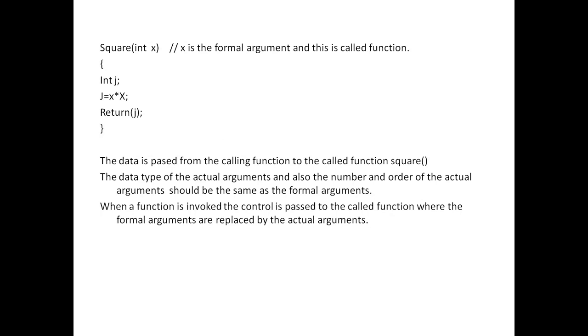The data type of the actual arguments, and also the number and order of the actual arguments, should be the same as the formal arguments. When the function is invoked, the control is passed to the called function, where the formal arguments are replaced by the actual arguments. So whenever you call that function, the control automatically moves to the definition of the function.